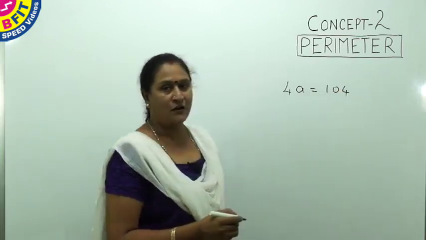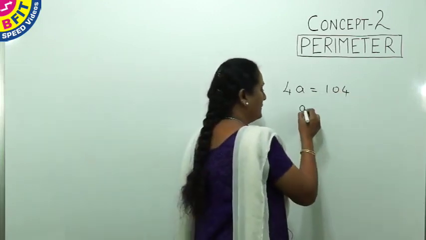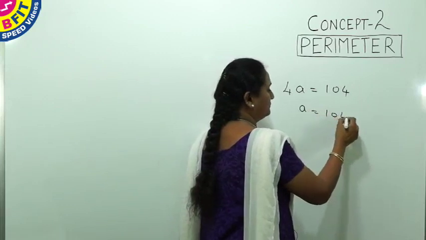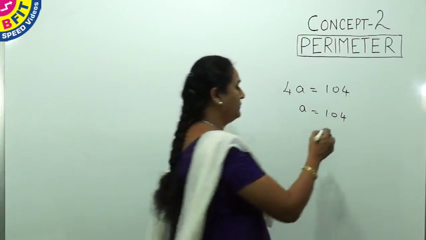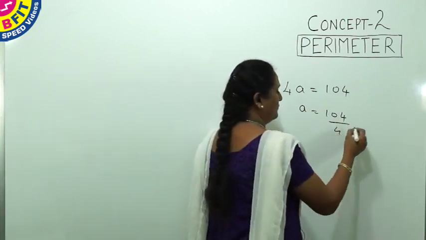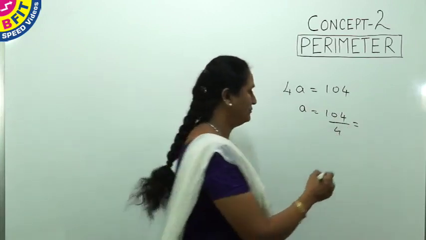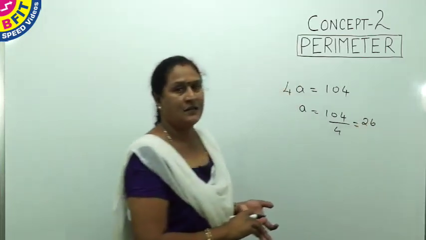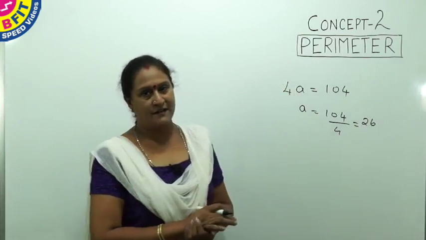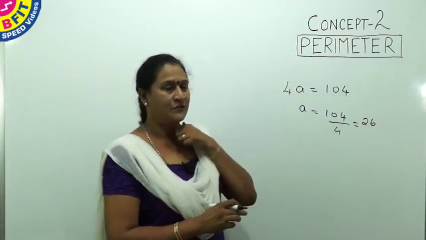Now what is the side of the square? It is 104 divided by 4, which is equal to 26. So the side of the square is 26.